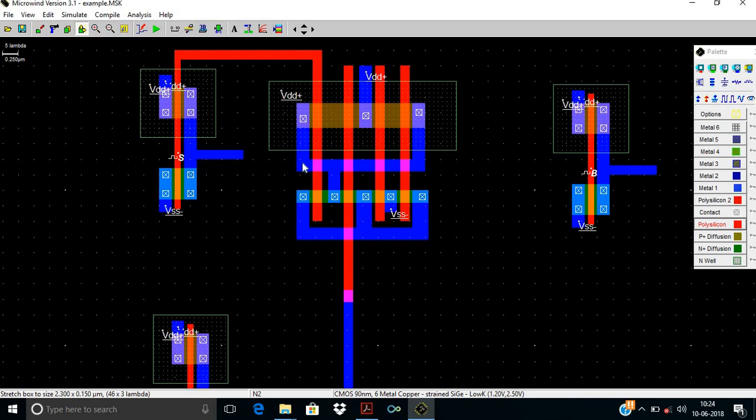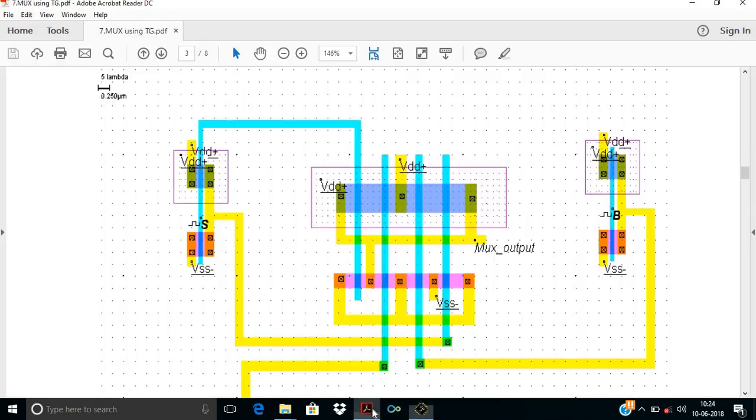This is S, output of S bar like this. Here you can view.